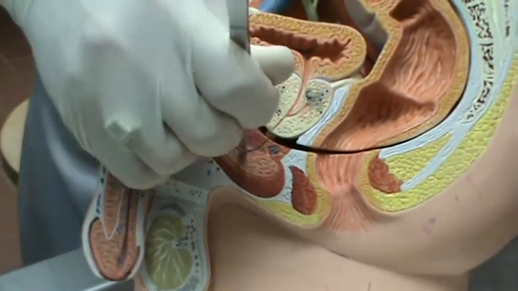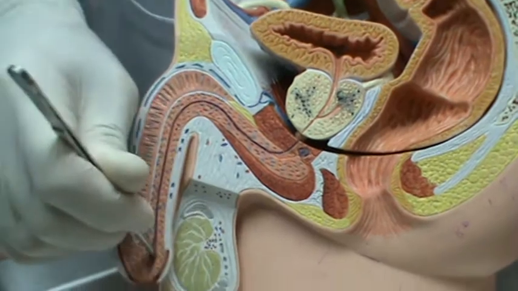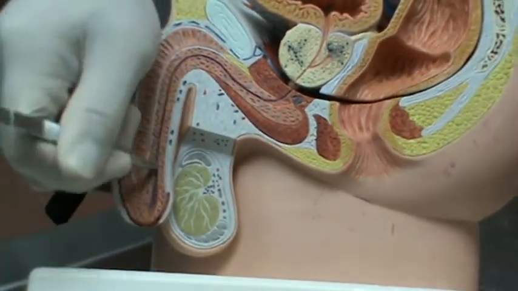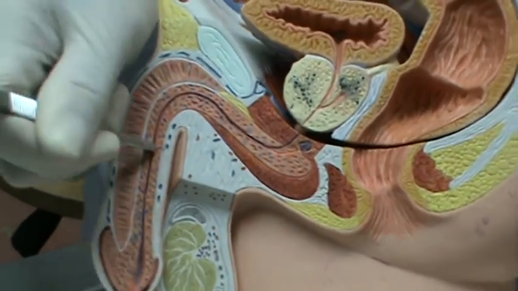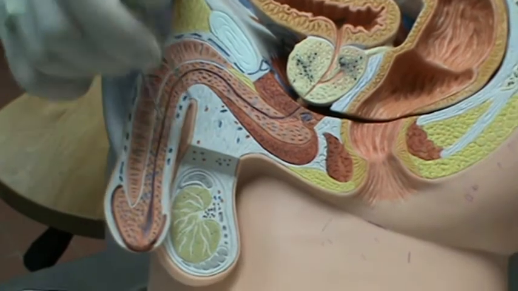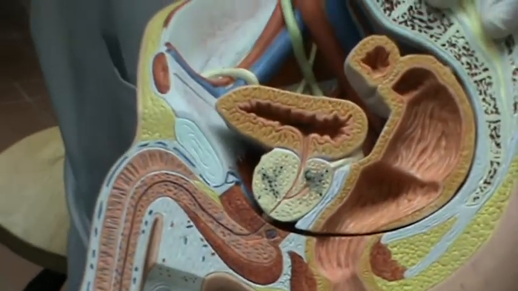You see the penile urethra? Or it is called the spongy urethra, because this urethra is located in the corpus spongiosum. Do you understand corpus spongiosum and cavernosum?